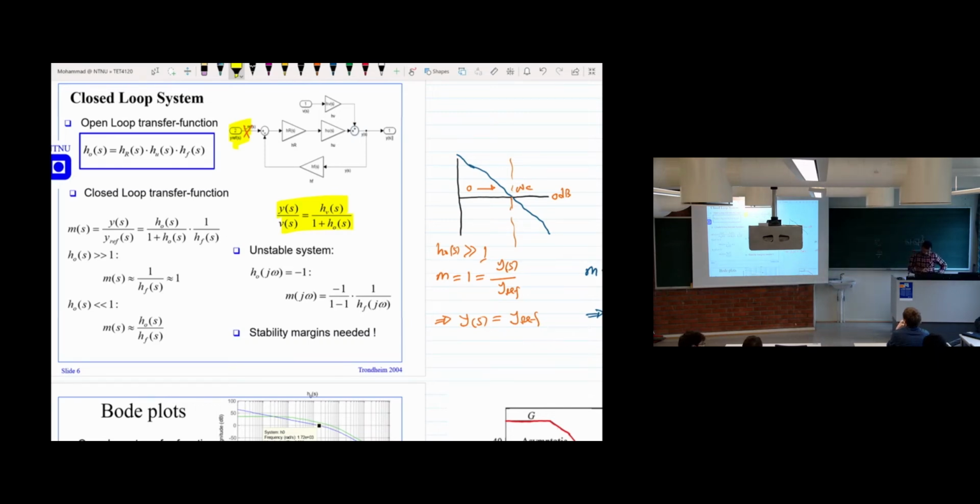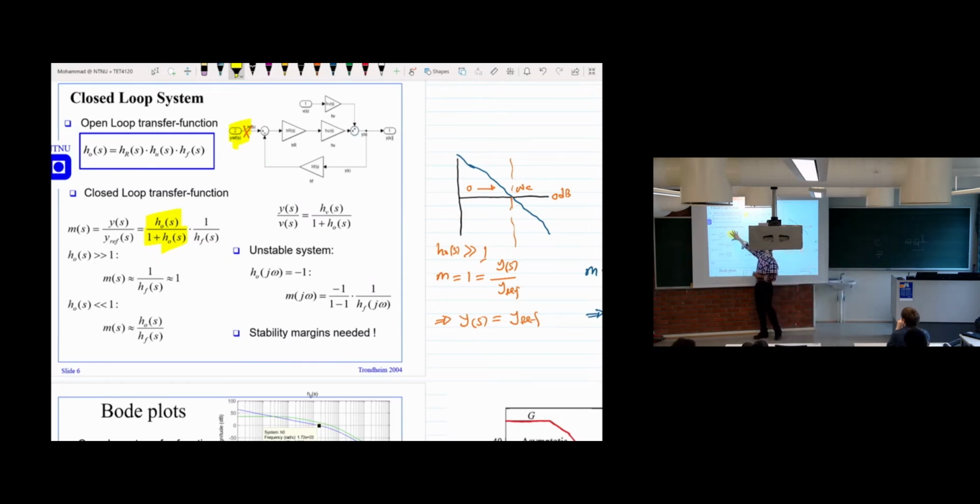So we can see also the impact of the disturbance, and another important thing, system stability. So we have the control loop, and we want to check the stability of the control loop. So how can we check the stability of the control loop? Now we go back to the original closed loop equation.